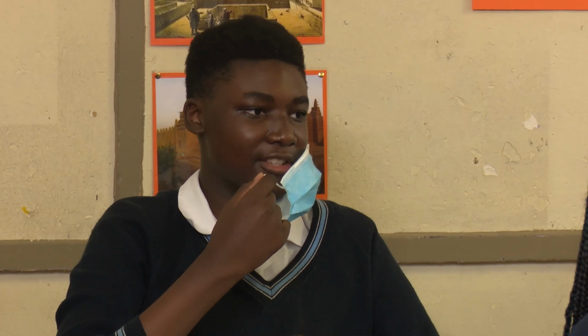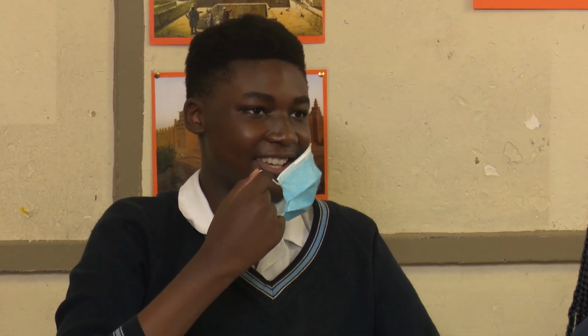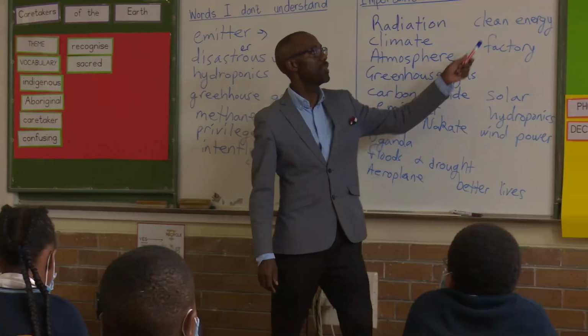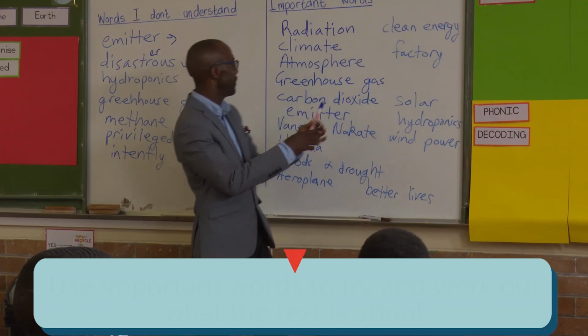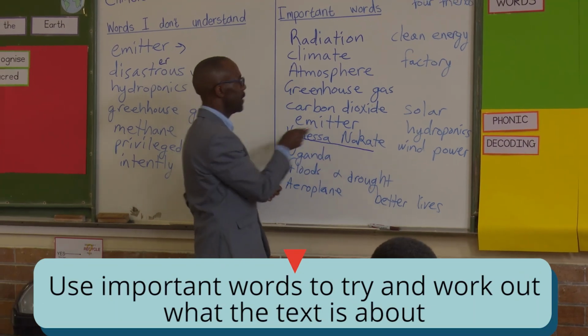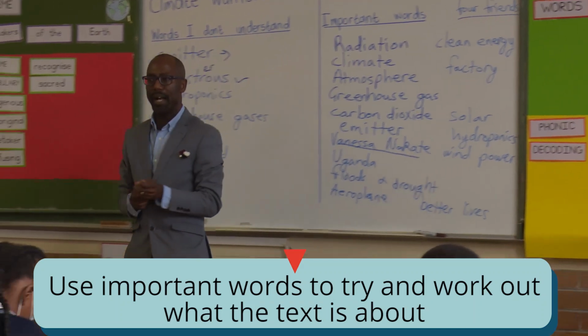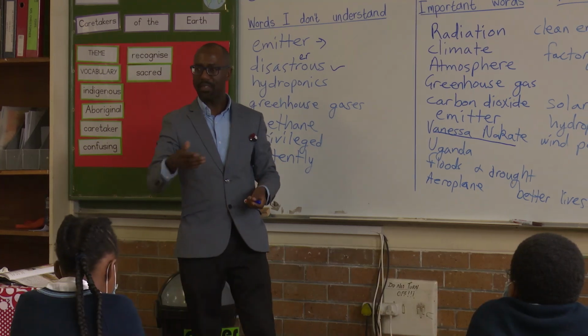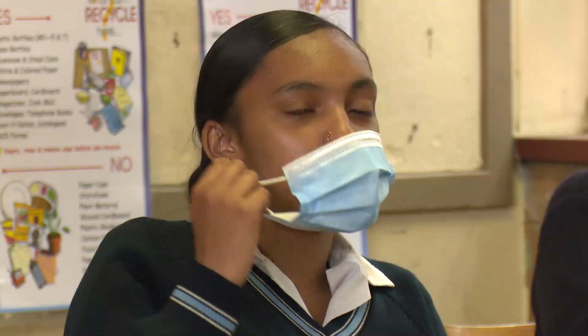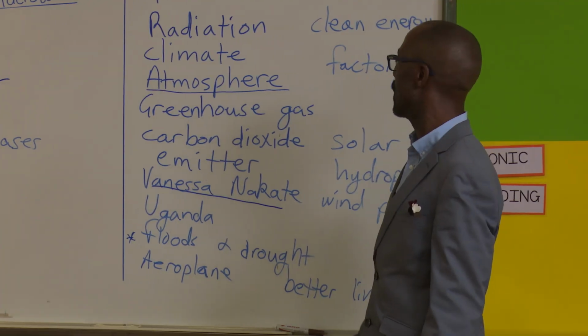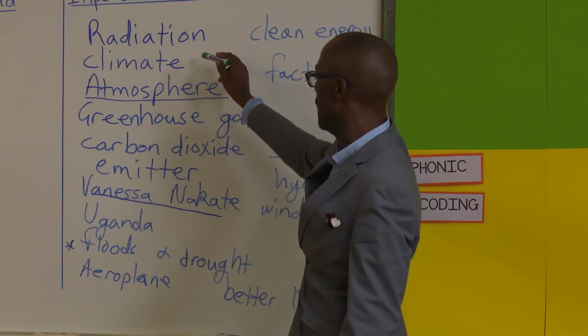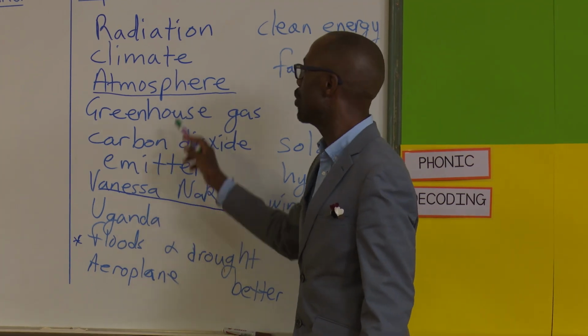The 4 friends, Vanessa Nakate, and the shopkeeper. Yes, right. The 4 friends discuss Vanessa Nakate, and then we have the shopkeeper. Okay. Any other words that help us to understand the story? Of the bad effects of climate change. Okay, the bad effects of climate change. We've got climate there. Right, what will be the bad effects of climate change?